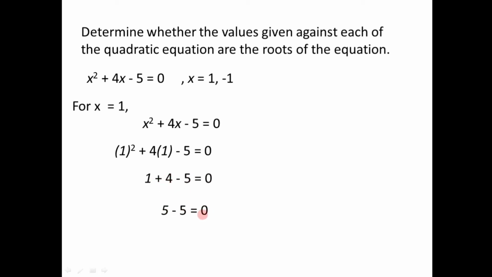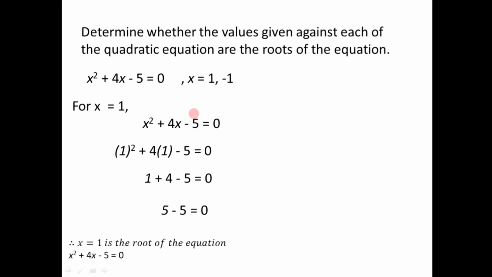We know that 5 minus 5 is equal to 0. That means when we put x is equal to 1 in this equation, we get both sides of the equation equal. That means the value x is equal to 1 satisfies this equation. Therefore, x is equal to 1 is a root of the equation x squared plus 4x minus 5 is equal to 0.